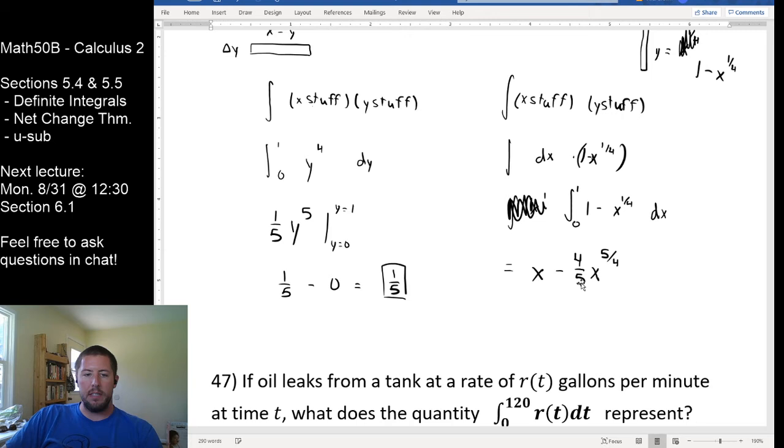So 4/5 seems to me to be the appropriate cancellation term to end up with one single x to the 1/4. And we'd like to evaluate this from the x value of 0 to the x value of 1. Again, when I plug in 0, all of this just goes to 0. So in this case, I really just need to do my f of 1 minus f of 0. And that's just going to be f of 1.